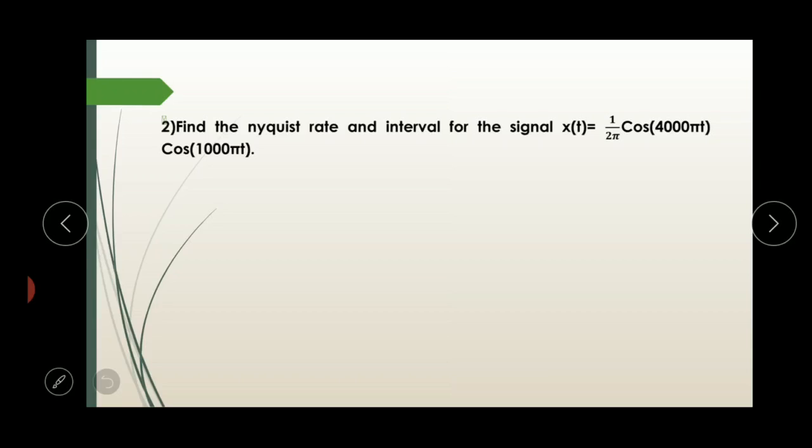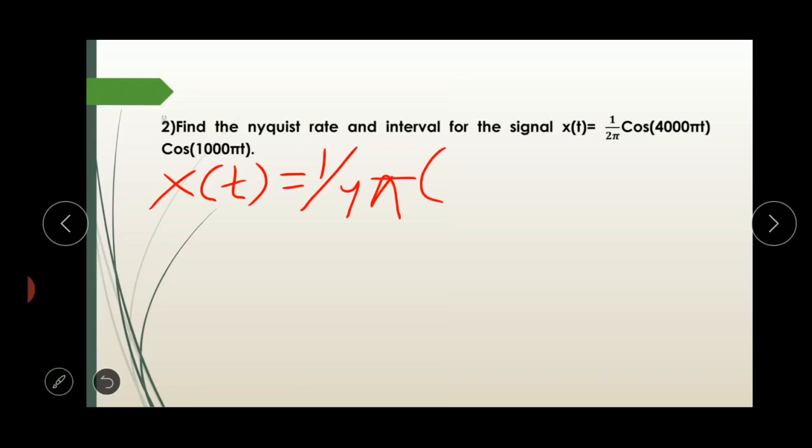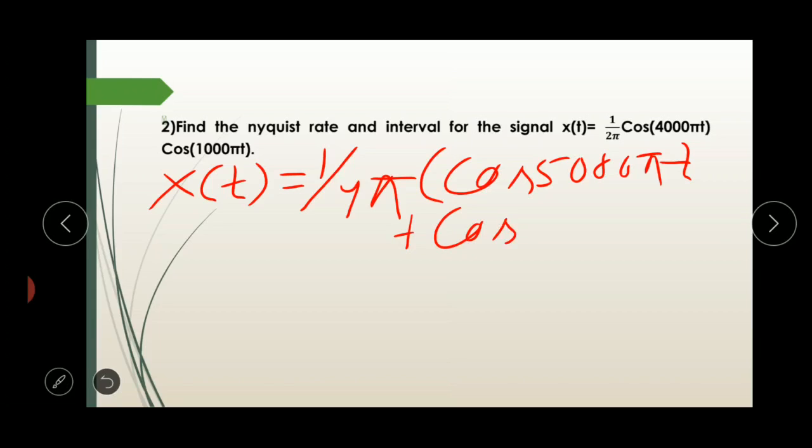After applying that formula, we get x of t equal to 1 by 4 pi, multiplied by cos A plus B, meaning 4000 plus 1000, 5000 pi t, plus cos of 4000 minus 1000, 3000 pi t. Then you can easily solve.